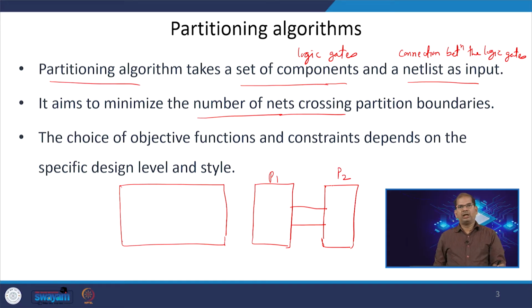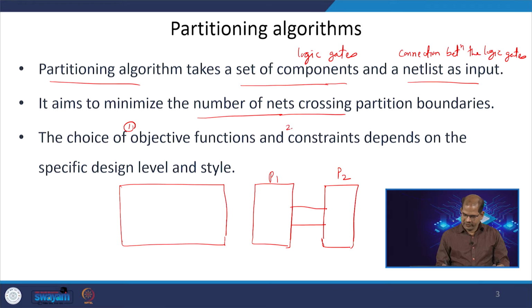Here we have two things. One is the objective function. What is the main objective? Whether my total number of nets is the objective, or whether my speed is the objective. There are different types of objectives, and I have a set of constraints.